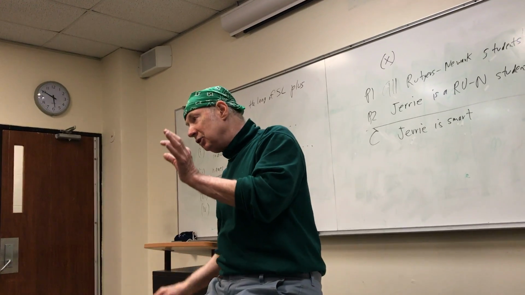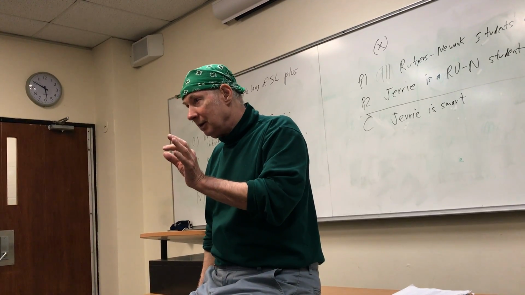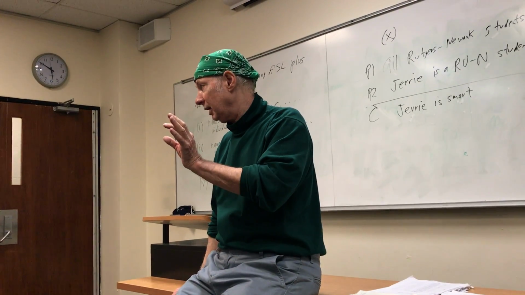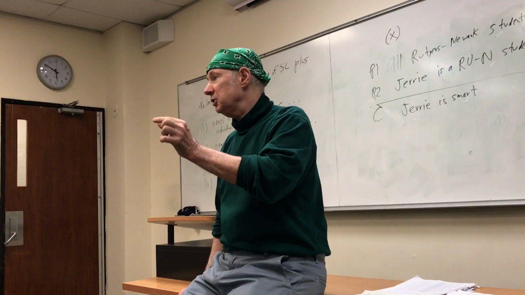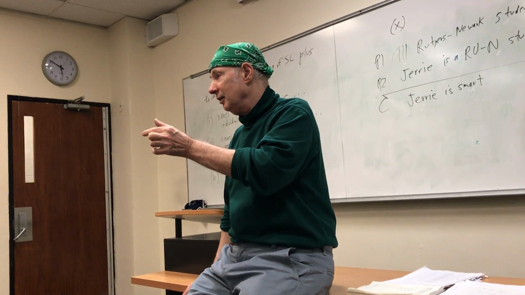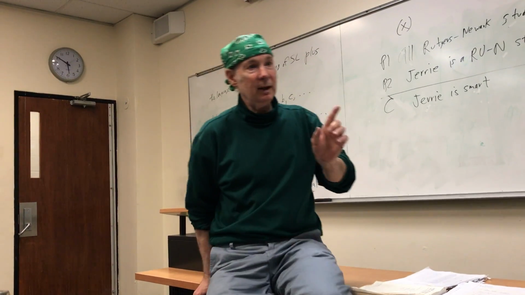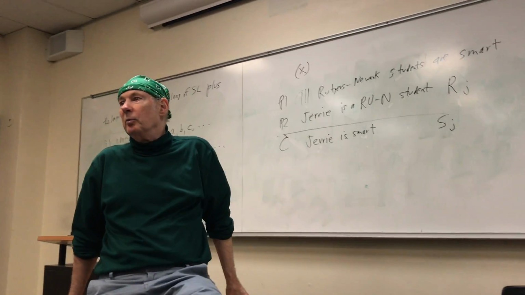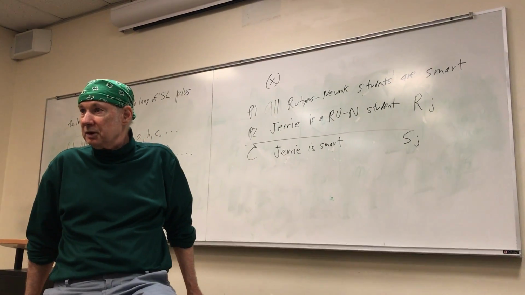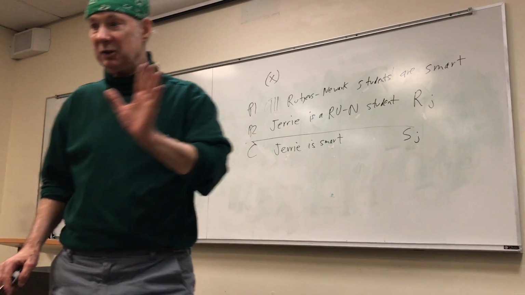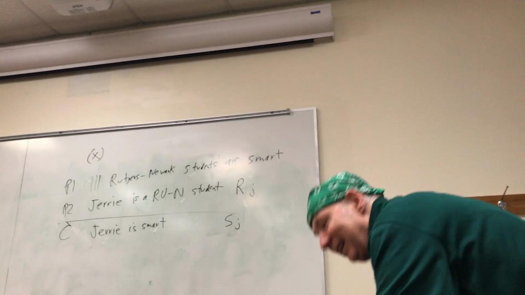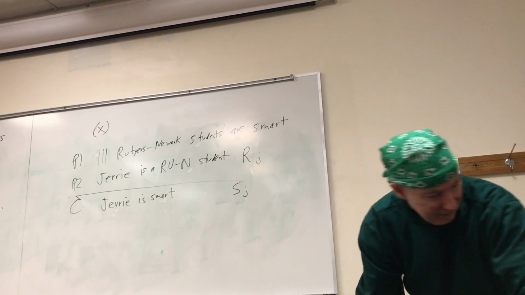And now, the price you pay for this generality is that you can no longer, after it, say, Rutgers student and smart. You can't have A and B. Rather, you have to do something to select from all those objects just the ones that are Rutgers students. Sounds technical, but it's really simple. Not as simple as walking around this room.